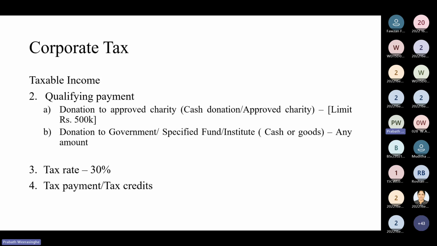I would say I covered the entire area in the model paper, and in the lecture series I have covered all the areas. So there may be some differences.